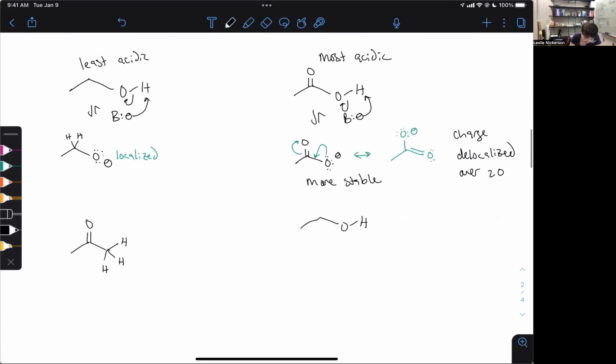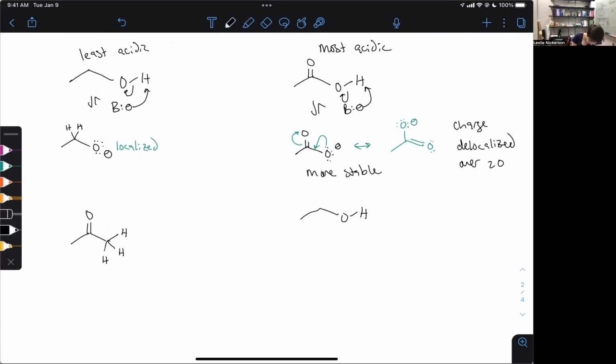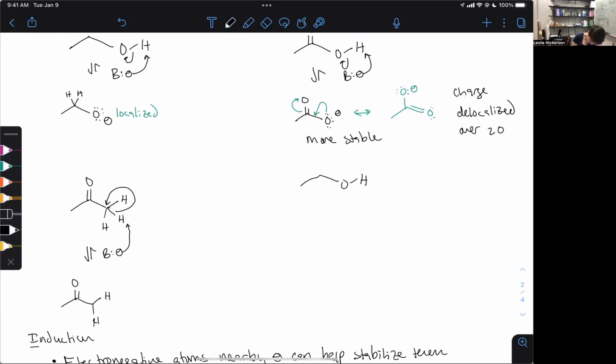If we look at the next example here, again, we're going to do the same process of drawing out our conjugate base. Okay, so if I look at these two options, on the left-hand side, I can do resonance here.